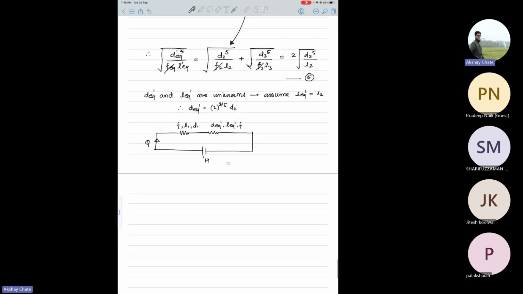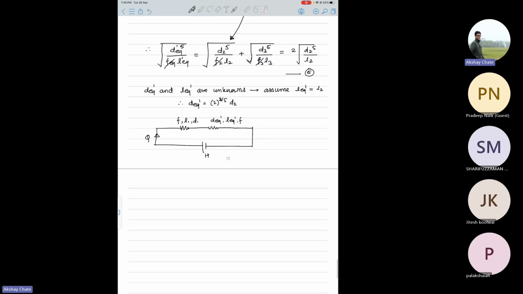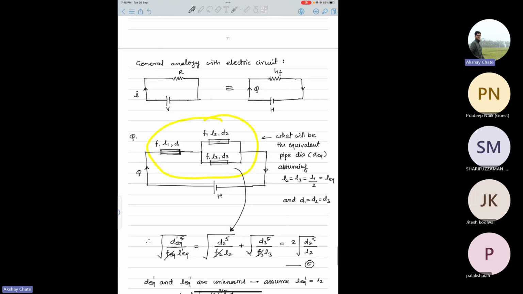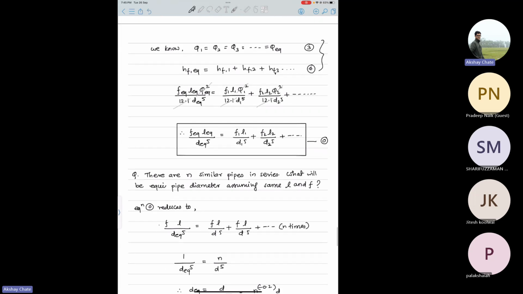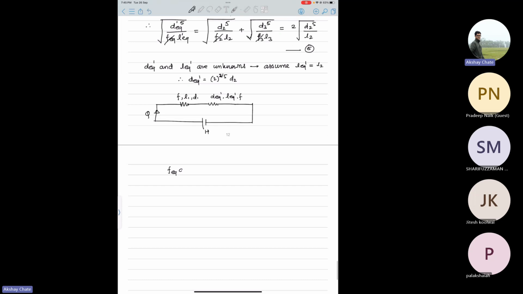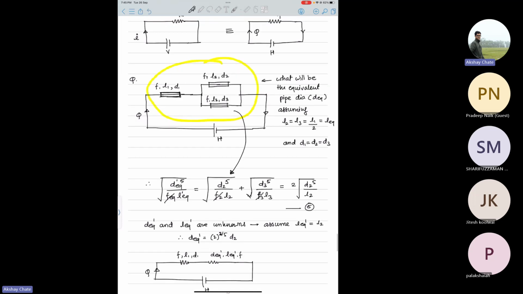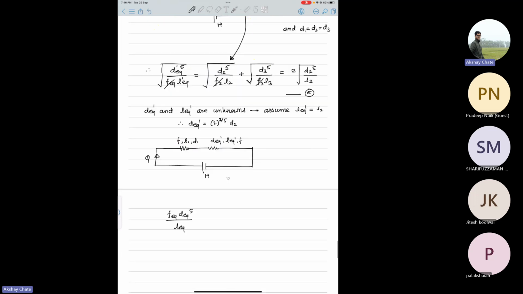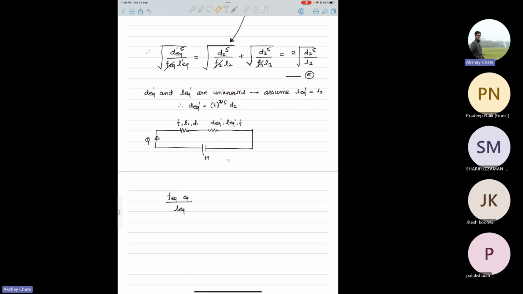Now you can further simplify this. Now there are two pipes in series, right? For two pipes in series, we have the formula, which is, yeah, this one, F L over D power 5. So here F equivalent L equivalent over D equivalent power 5. Now it will be F1 L1 over D1 power 5 plus F equivalent dash L equivalent dash divided by D equivalent dash power 5.